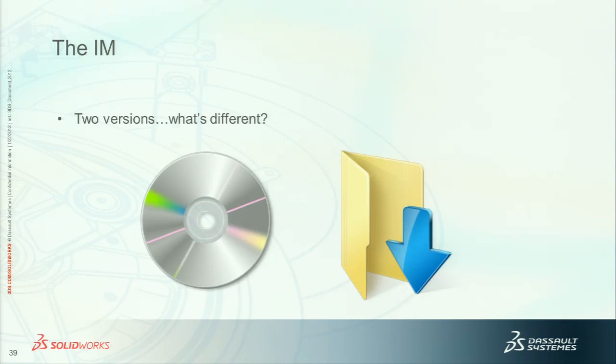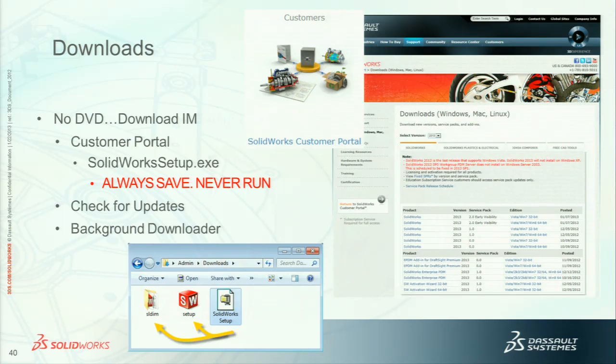So again, what's the difference between the two IMs? There's download, there's a DVD. For downloads, you get a download only option. So when you're downloading the IM, how many people go to the customer portal to download stuff versus DVD? Or do you pop in the DVD, and it goes, oh, there's a new version, and you click next and it downloads another version of the IM, all that nonsense. I always go to the customer portal myself.